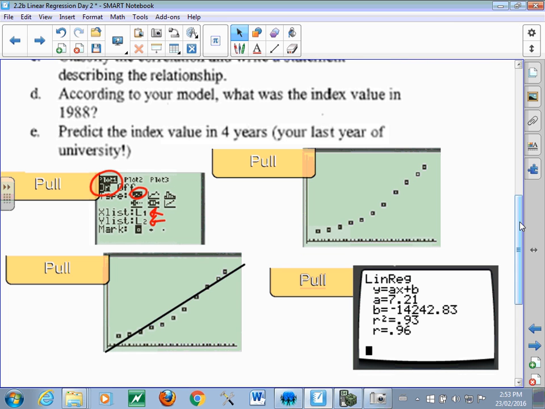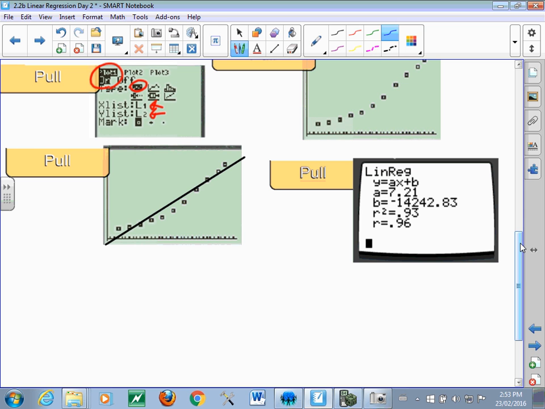Okay? All right. So let's take a look here at what we've got. So we've got our line of best fit drawn. We use the buttons on our calculator sheet to get the linear regression, and we're going to answer the following questions. So B says, tell me the equation of the line. So we're going to use this data right here.